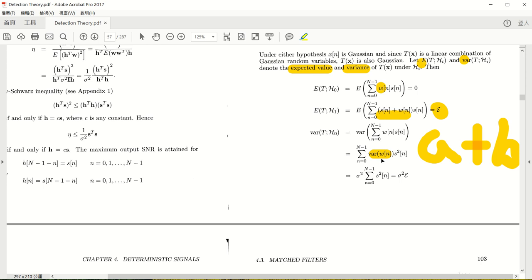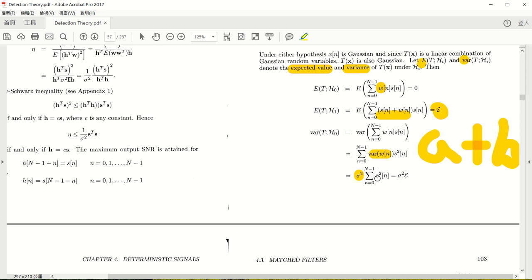This is simple because, again, in the signal model on page 95, we have assumed it to be sigma squared. So this thing becomes sigma squared, and the summation corresponds to only S of n, because the summation is over the index n, and then we have S squared, also with index n.